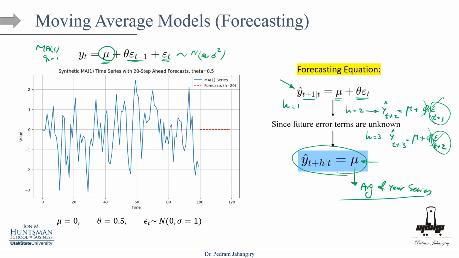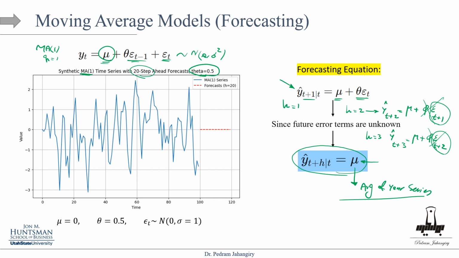So now we can look at some of these moving average models. Actually, I'm showing you the synthetic MA1 time series with 20 step ahead forecast. Now let's say theta is equal to 0.5, right?